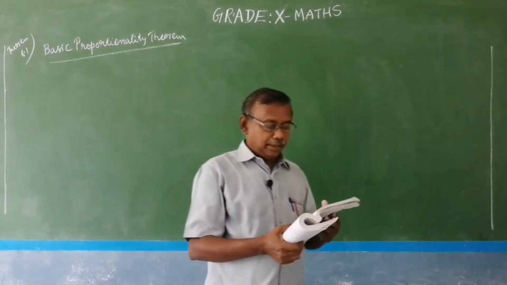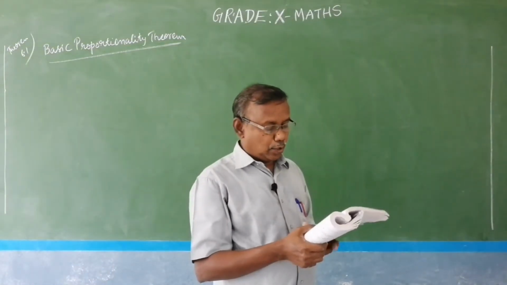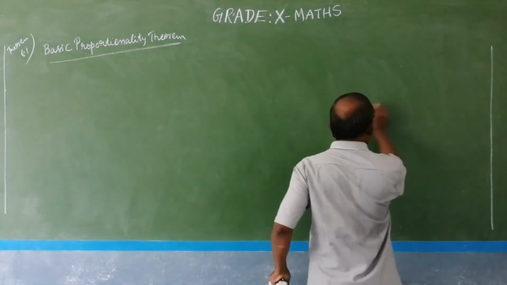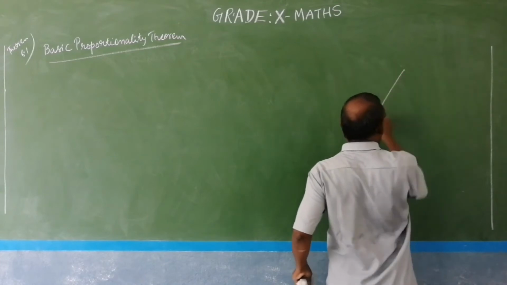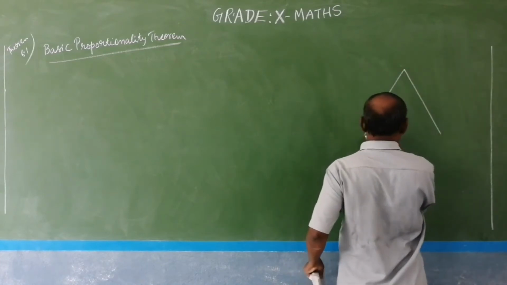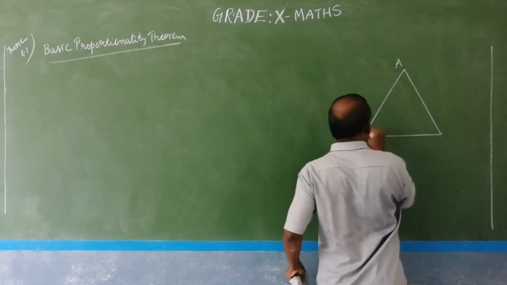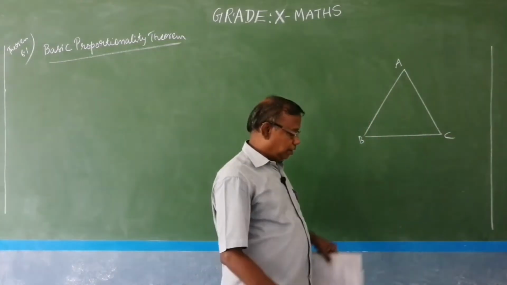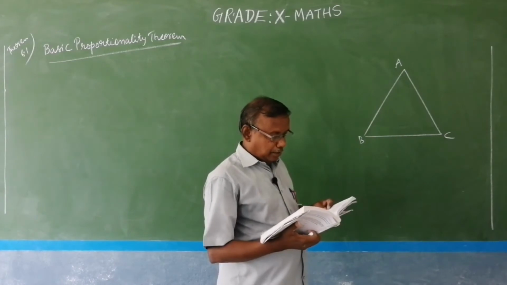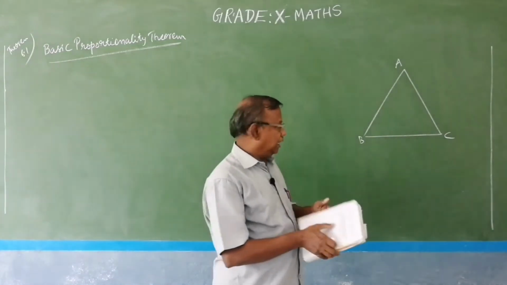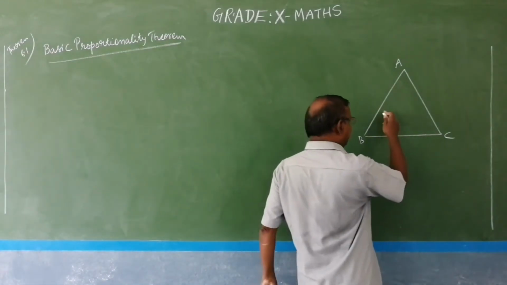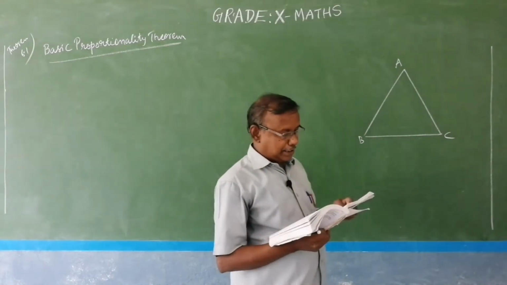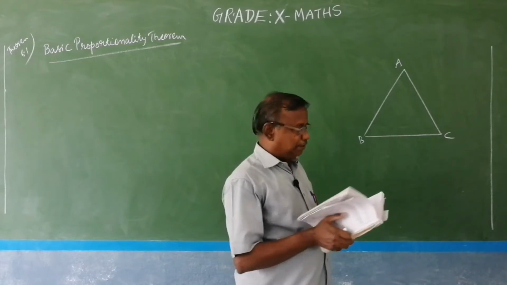If a line is drawn parallel to one side of a triangle, so let us draw a triangle ABC. Here ABC is a triangle. If a line is drawn parallel to one side of a triangle, let me draw a line parallel to BC, to intersect the other two sides in distinct points.